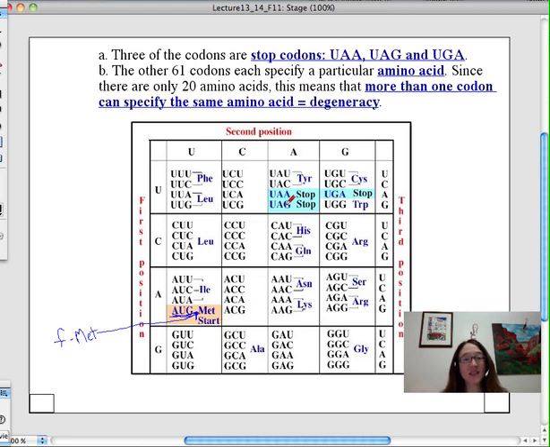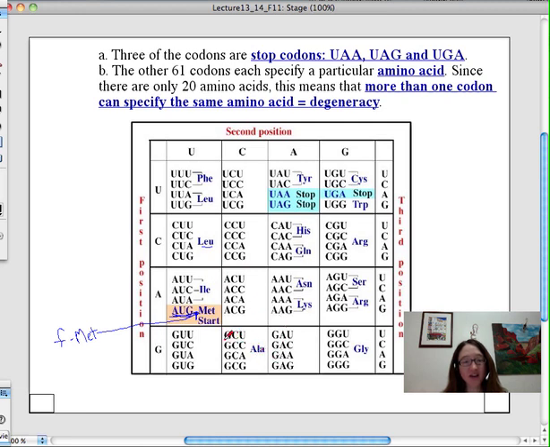Now we also see the stop codons, but now we need to talk about some of the other codons, which clearly have a lot of degeneracy. So notice right here that all 4 of these particular codons, CUU, CUC, CUA, CUG, all of them specify leucine. We see more than just that being degenerate.